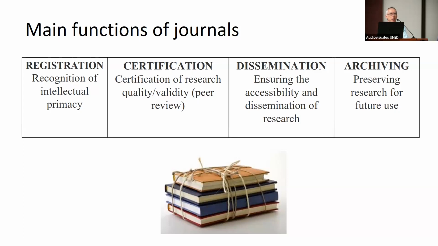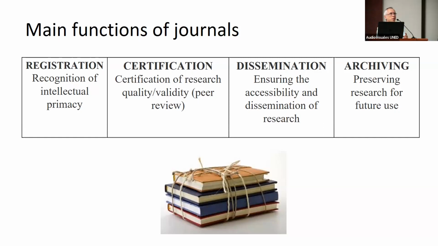The third function is dissemination: we want that certified result to reach the widest audience possible. And finally, the fourth function is archiving and preservation. So we want to have a full record of science, and journals have this function. This was exactly the role of journals 350 years ago and today.